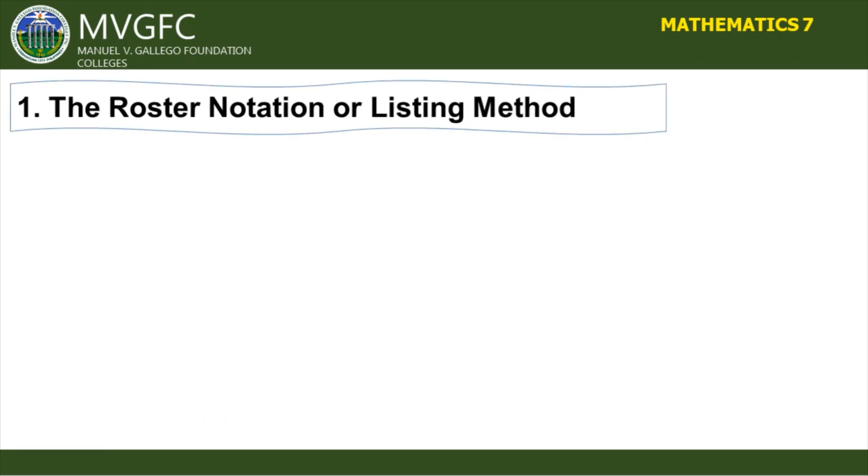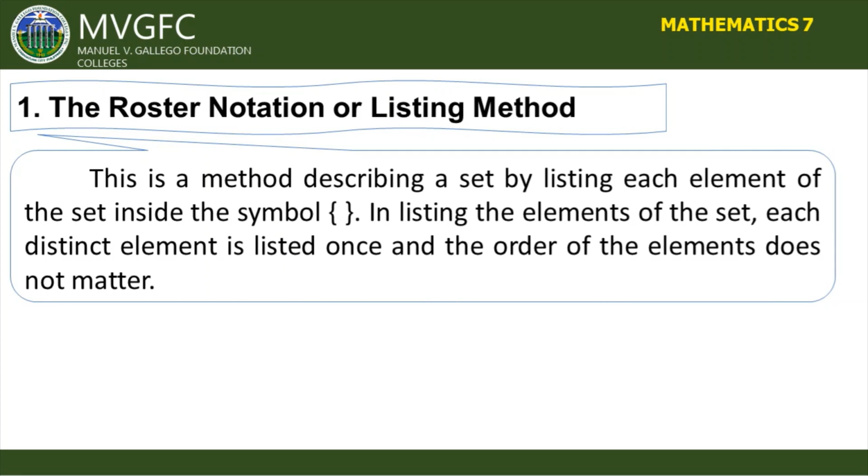For the roster notation or listing method, it says here that this is a method describing a set by listing each element of the set inside the symbol of the braces. Once again, when we're referring to roster notation or listing method, the keyword is listing each element.